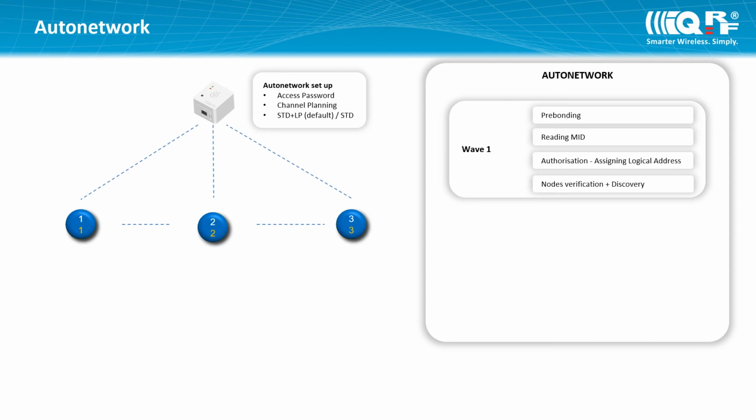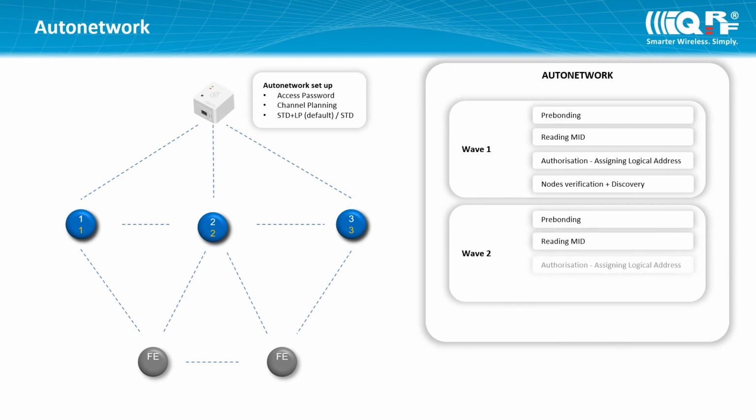In the first wave, the coordinator tries to find all nodes in the direct range, bond them, and finally makes a discovery. In the second wave, the coordinator tries to find all nodes in the range to nodes that are already in the network, and so on.